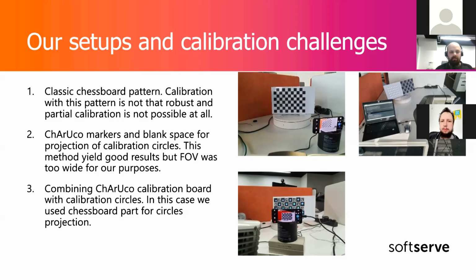It actually yielded quite good results, and since both patterns were coplanar, we could easily calibrate our rig. But the field of view was not good enough for our purposes, and we needed to change something.